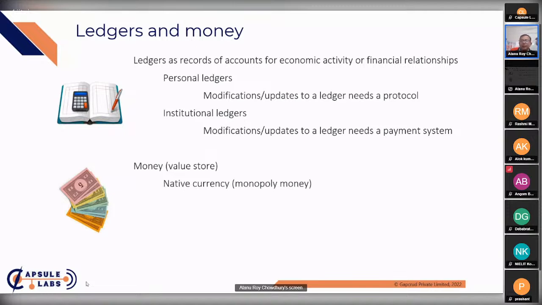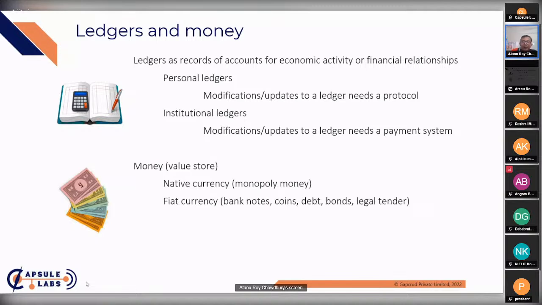So for example, if we are playing a game of Monopoly, then the Monopoly money is the native currency, because all transactions in the game are valid with Monopoly money, right? On the other hand, I cannot pay my taxes using Monopoly money, right?